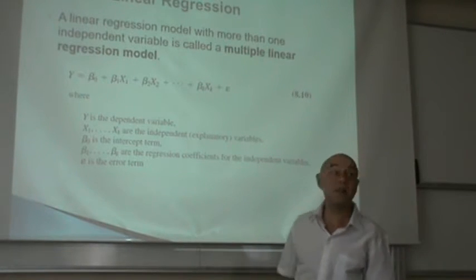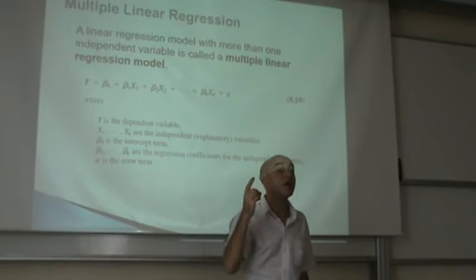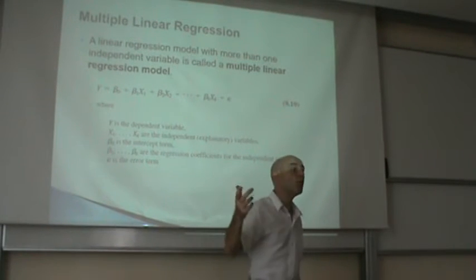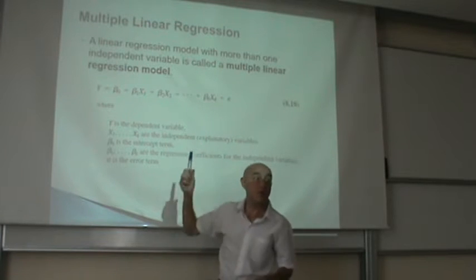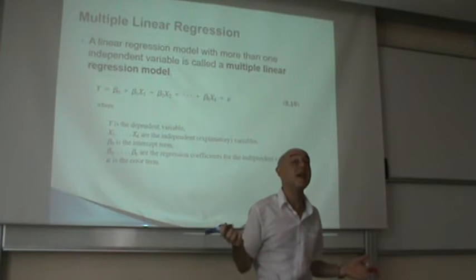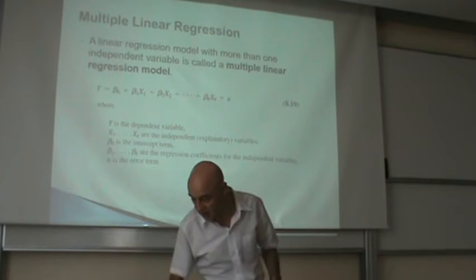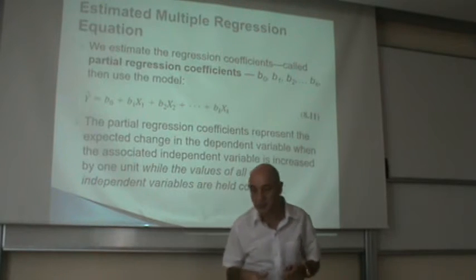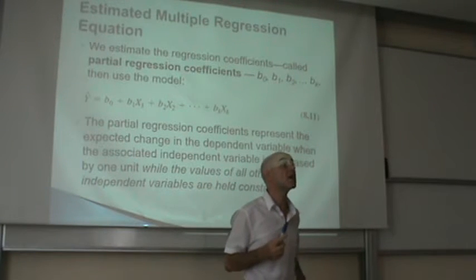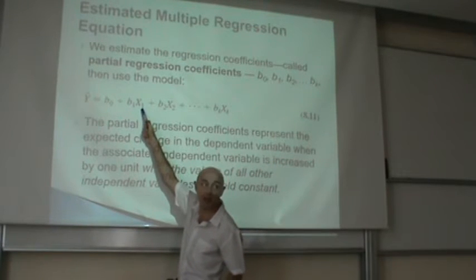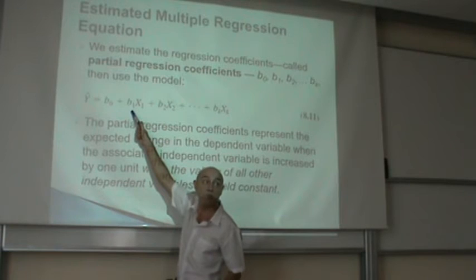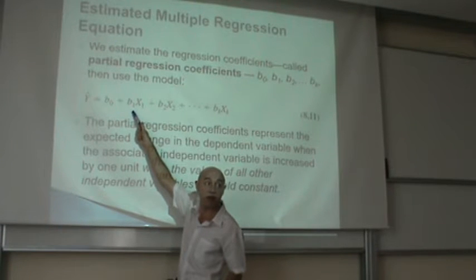With multiple linear regression, you have more than one independent variable. You've got x1, x2, maybe k, maybe n independent variables. You estimate the coefficients. So x will be the independent variable and b will be the coefficient.